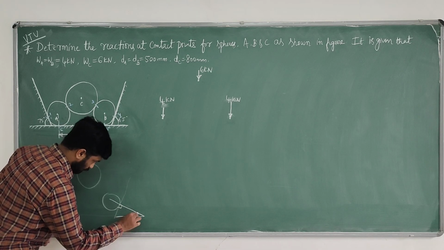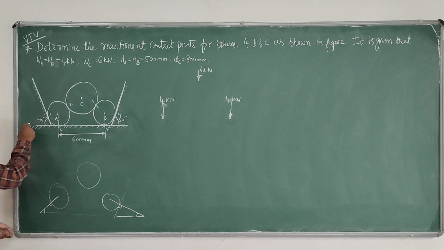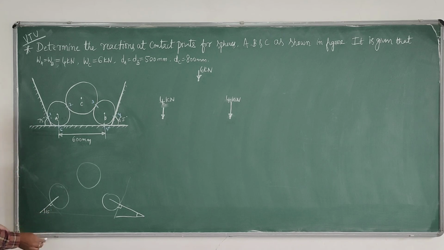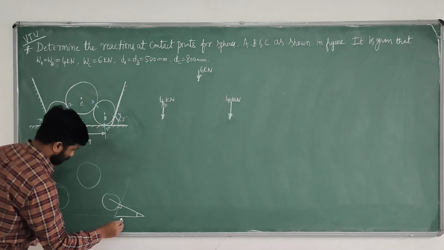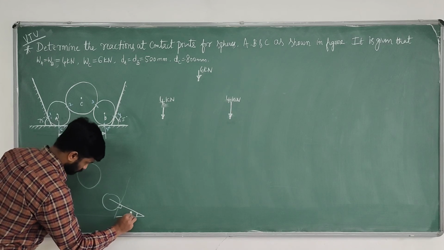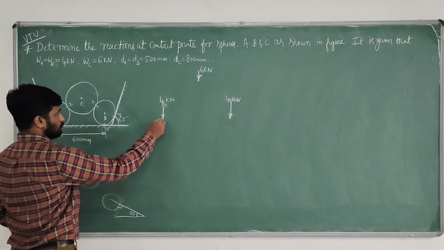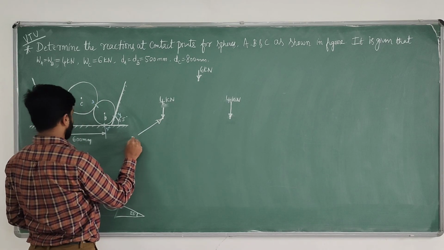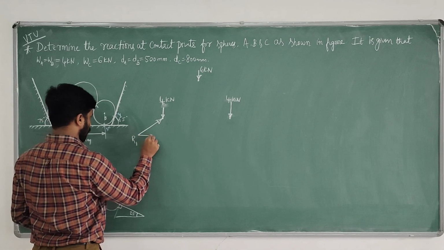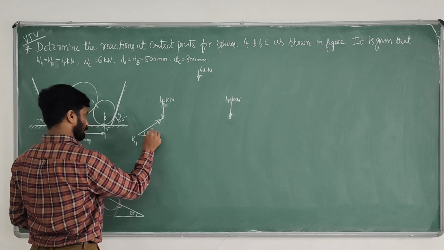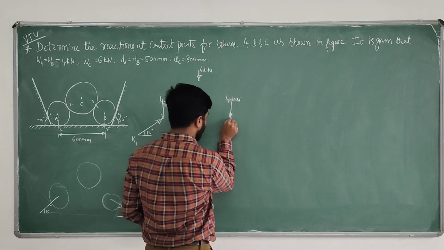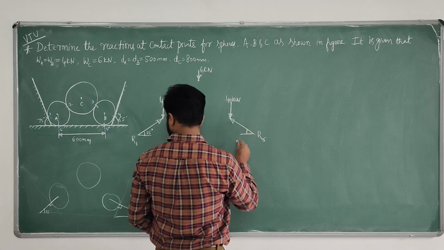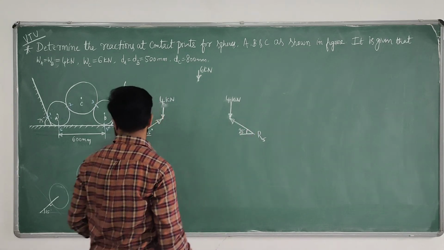This is 90 minus 75, which is 15. And 90 minus 65 is 25. So with reference to this, R1 is at 15 degrees and R5 is at 25 degrees.